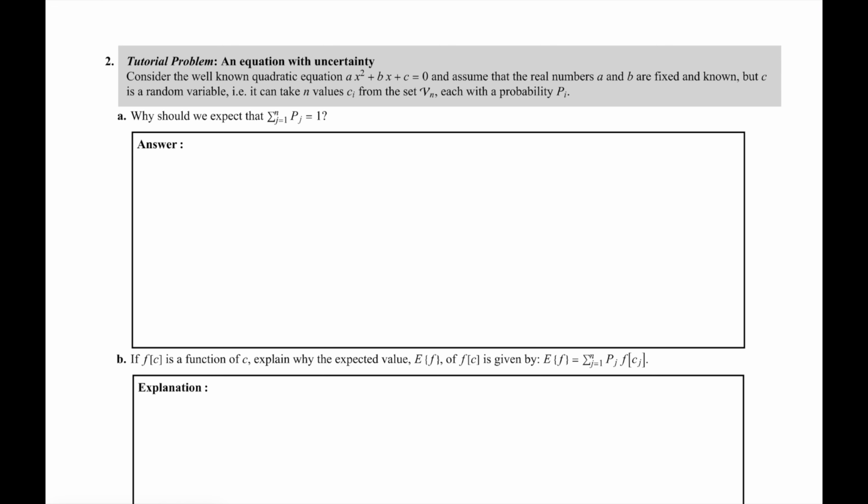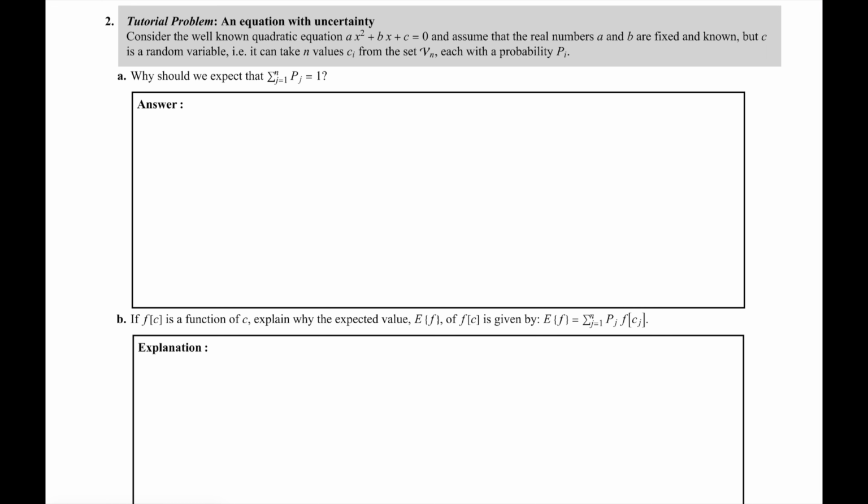Question 2. Consider the well-known quadratic equation ax squared plus bx plus c is equal to 0, and assume that the real numbers a and b are fixed and known, but c is a random variable, i.e. it can take n values of c_i from the set V_n, each with probability p_i. Why should we expect that the sum of p_j is equal to 1?